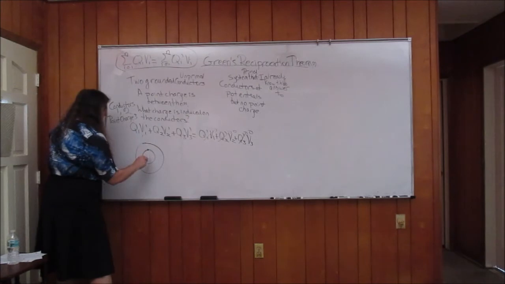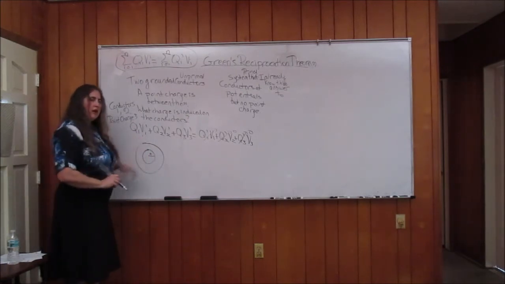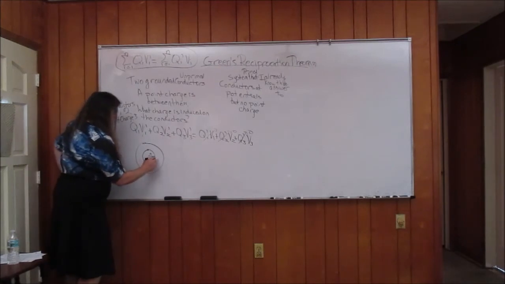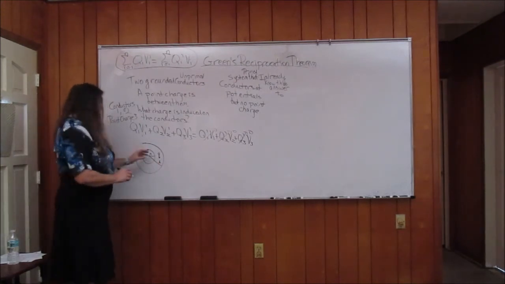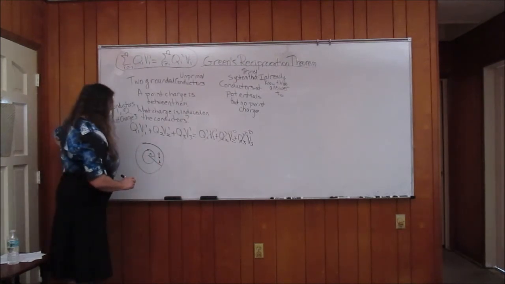So here's our original problem. Let's suppose that you've got an inner sphere that has radius a, you've got a charge q, and then you've got an outer sphere that's concentric with the first that has radius b.